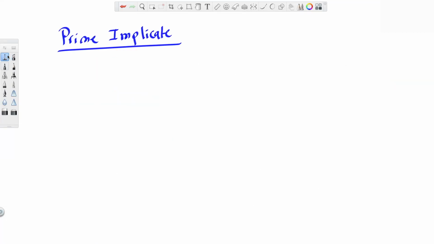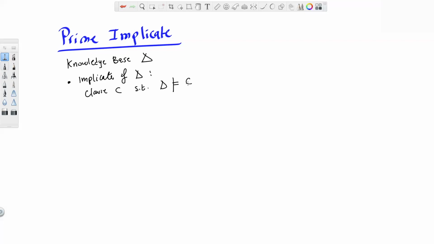What is a prime implicate? And here we're talking about a knowledge base, and let's call this delta. I want to define a prime implicate of that particular delta. And this comes in two stages. First, we define the notion of an implicate. So an implicate of delta is nothing but a clause C that is implied by delta.